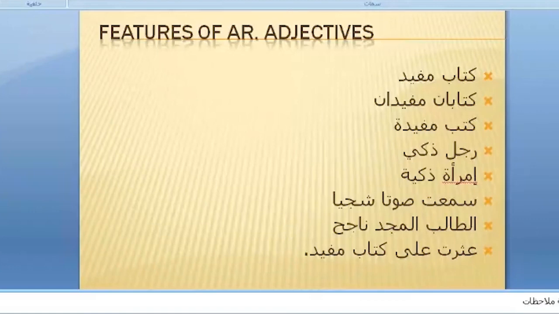سمعت صوتا شجيا. By the way, the adjective شجي in Arabic comprises، يعني تتضمن two basic features، يعني خاصيتين أساسيتين. The first one is something nice to hear, plus الخاصية الثانية it evokes، يعني تثير, sorrowfulness or sorrow or sadness.